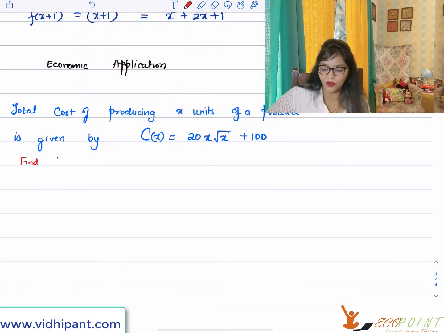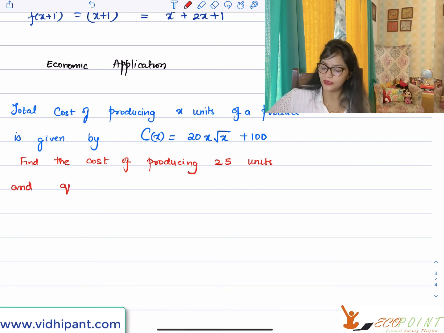is to find the cost of producing 25 units and respectively then q units. And then I also want you to find the marginal cost. So I just want to talk about this concept of marginal cost here.